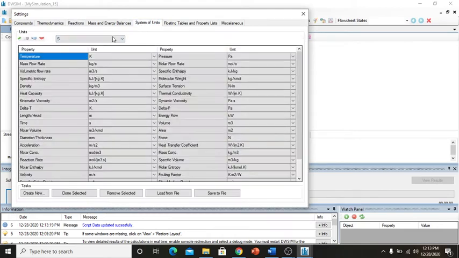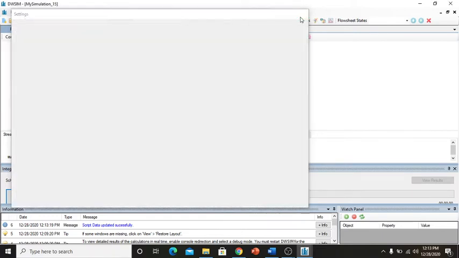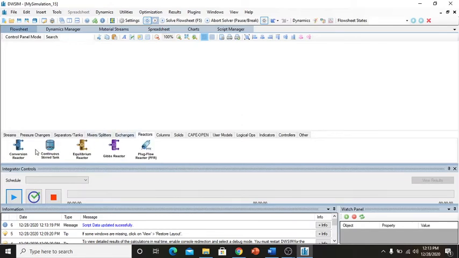For the system of units, this should be in kilograms per hour and kilomoles per hour, so we will just be using these units: kilograms per hour for mass flow rate and kilomoles per hour for the molar flow rate. For this we will be using here the conversion reactor.